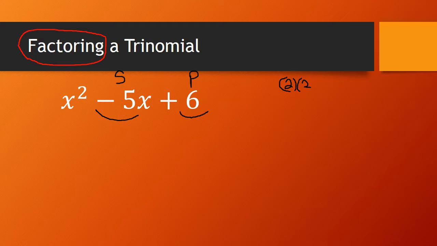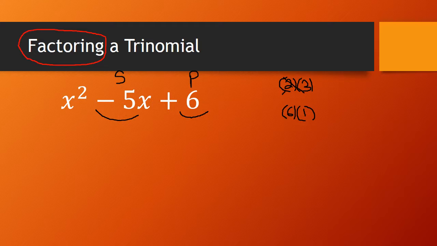So I'm going to work with 2 and 3 first. And then after that, if I need to work with 6 and 1, I'll do that. So we know that 2 times 3 is 6, but 2 plus 3 is 5, and not negative 5. So 2 and 3 are not going to work.